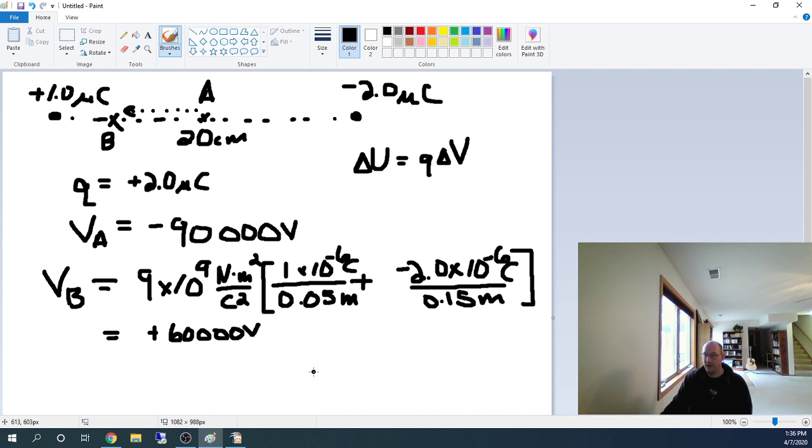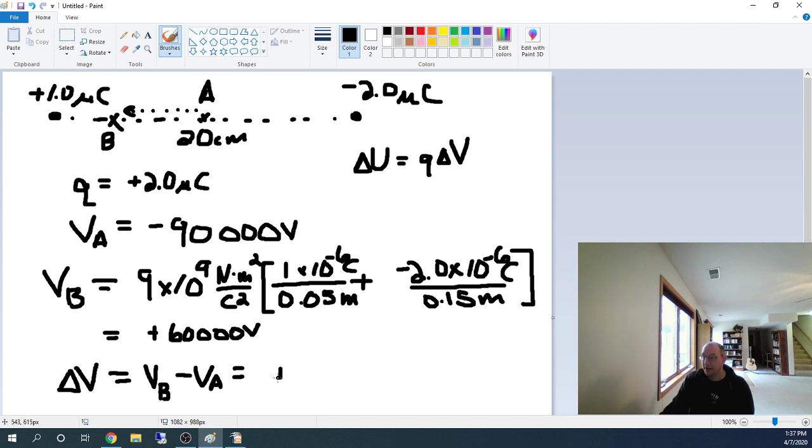Okay, all right. So now, if I want to see what the change in the electrical potential is, let's first of all calculate what the difference in voltage is between those two. Okay, so difference in voltage is always the final position minus the initial position. So we finish at point B, starting at point A. So that is 60,000 minus negative 90,000.